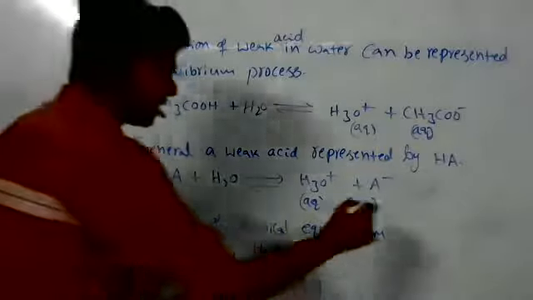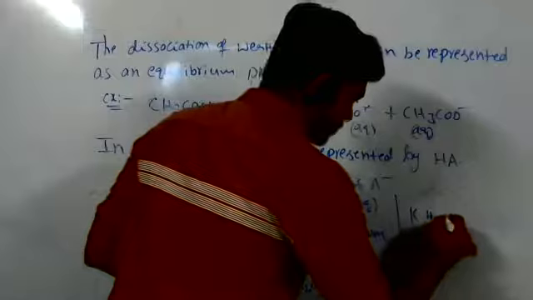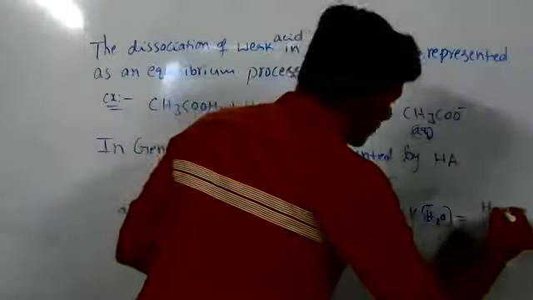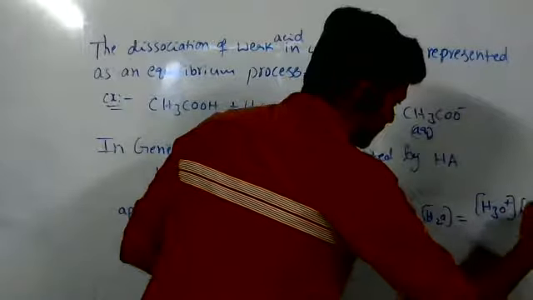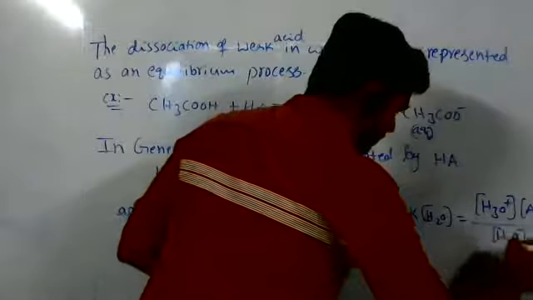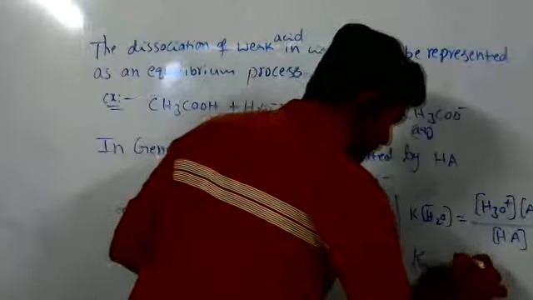So for this step I'm writing here, K into H2O is equal to H3O plus concentration into A minus concentration divided by HA concentration. K into H2O we may write as Ka. It is the acid dissociation constant.